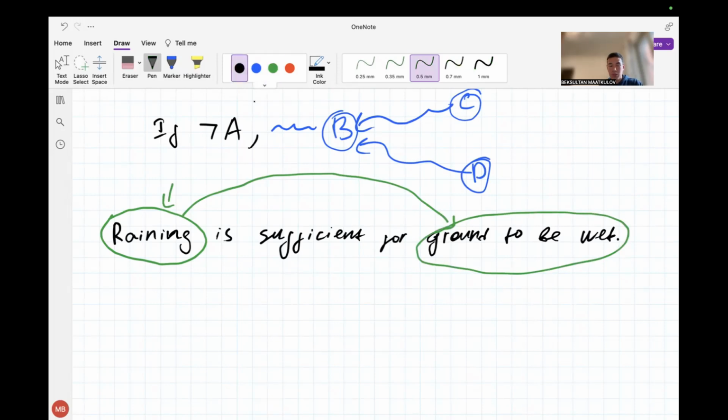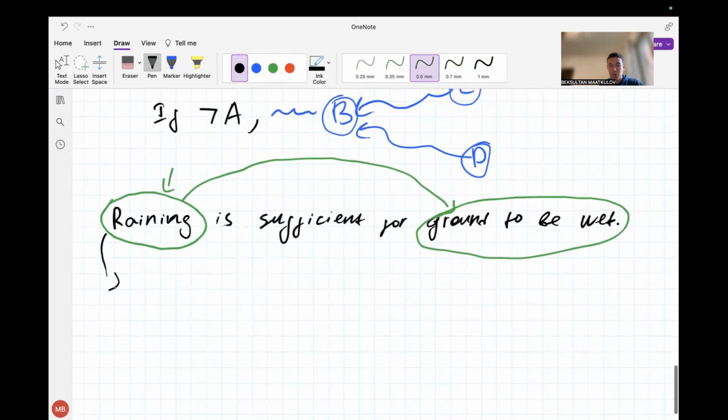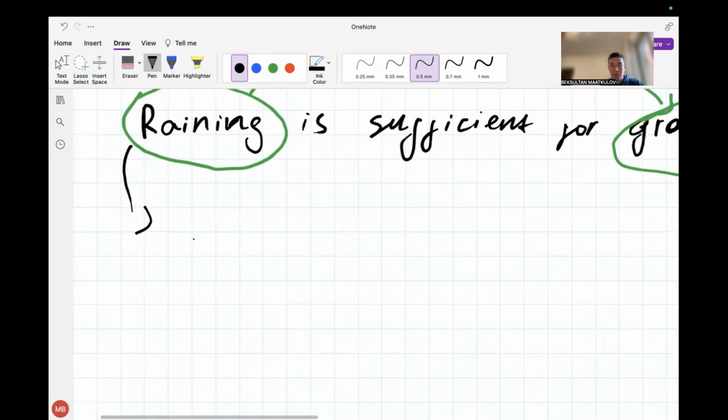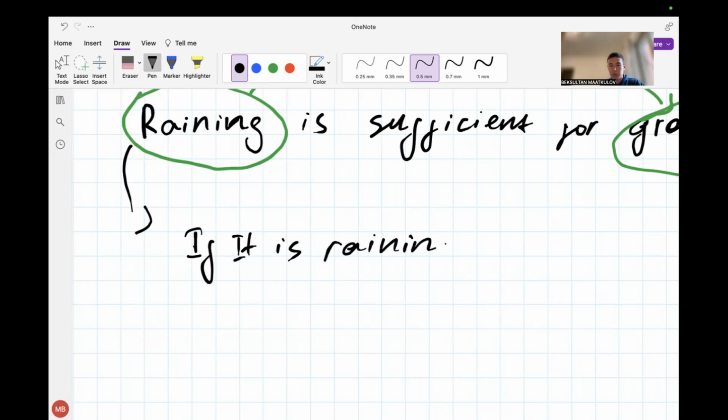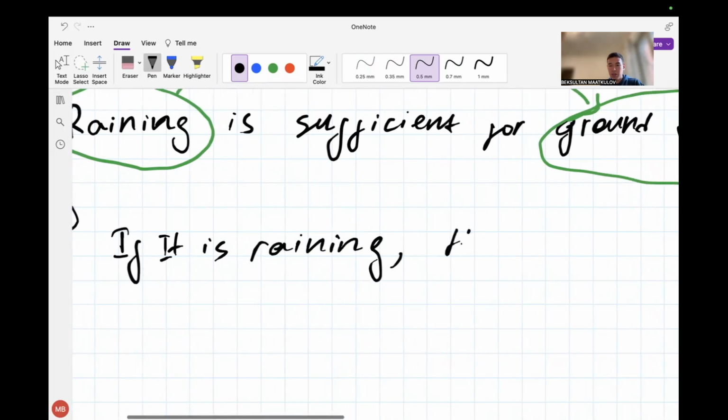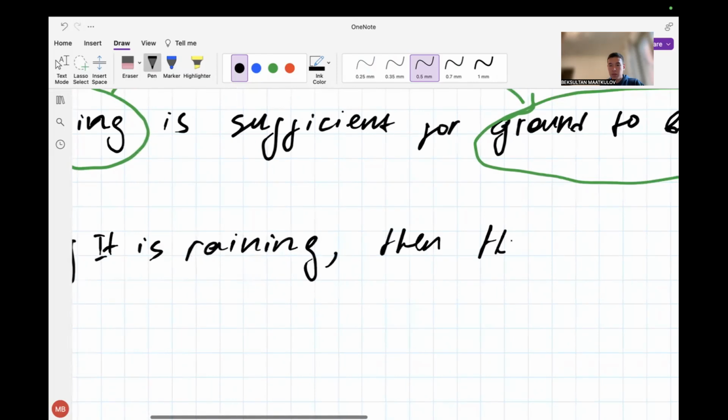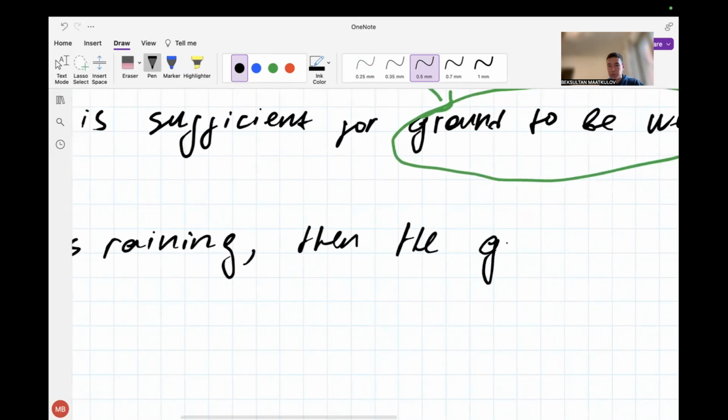So basically, you can rewrite it in the language of conditional statements. If it is raining, then the ground is wet.